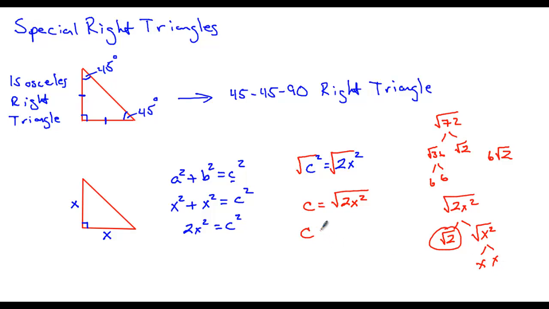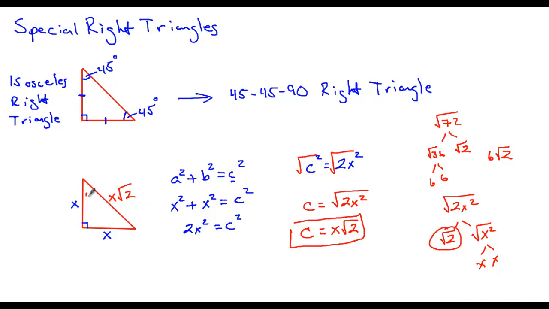So c, the hypotenuse, is going to equal x times the square root of 2. And that is the 45, 45, 90 right triangle pattern that you're supposed to memorize.